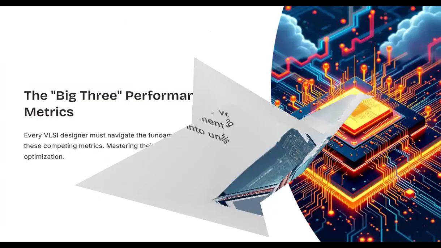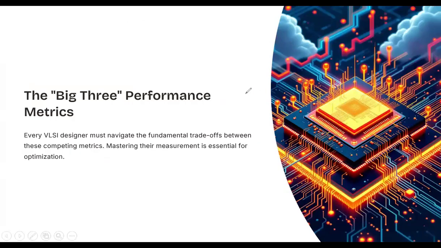Then in this, we studied the big three performance metrics. What are the big three performance metrics we kept on talking about? One was power, second was delay, and third was area. Every circuit in digital or analog VLSI design is all about these three parameters only.